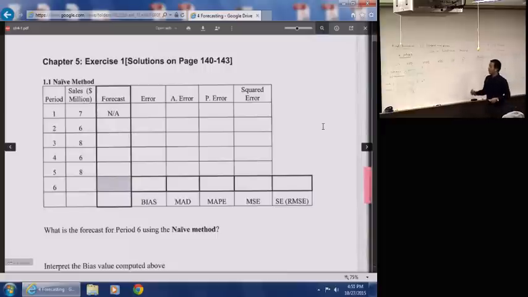Okay, now MAPE. I'll go very quickly because the rest is going to be very repetitive and it tells you kind of the same story. So MAPE stands for what?